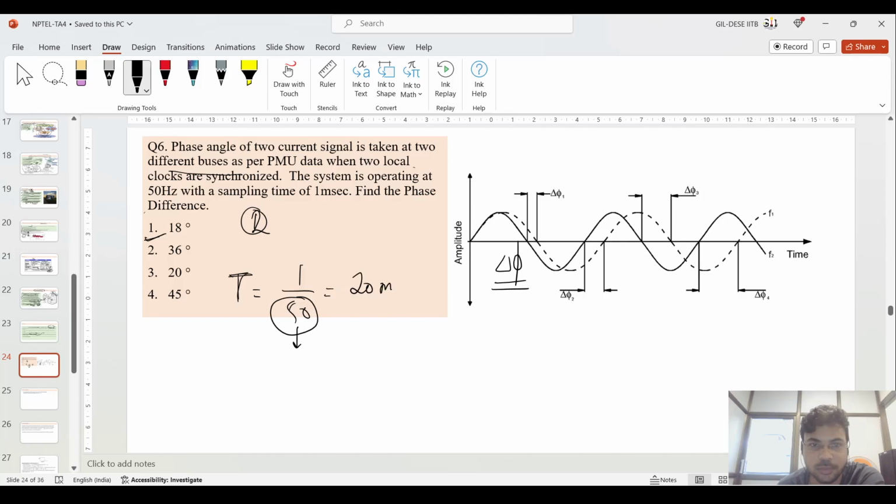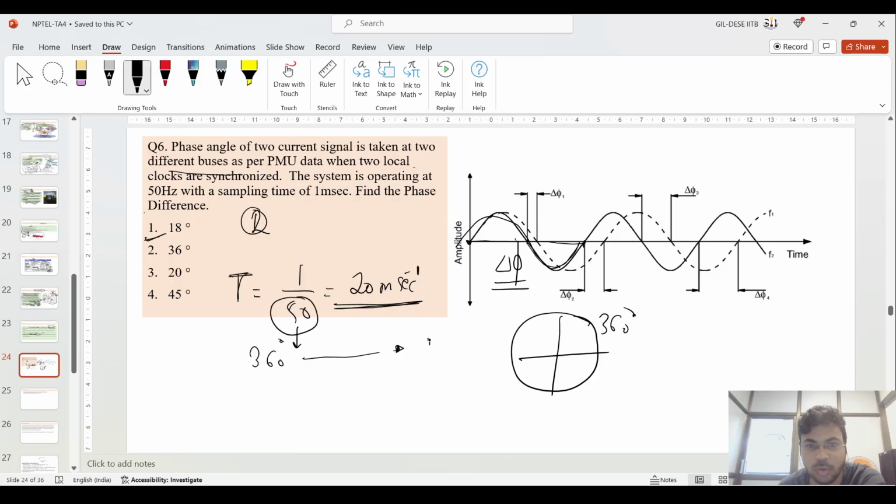What Dharmendra has told is that the frequency of this system is 50 hertz. So the time duration is 1 by 50, that is 20 millisecond. Moving from time 0 to time 0 again, the whole time period of 360 degrees corresponds to 20 millisecond.